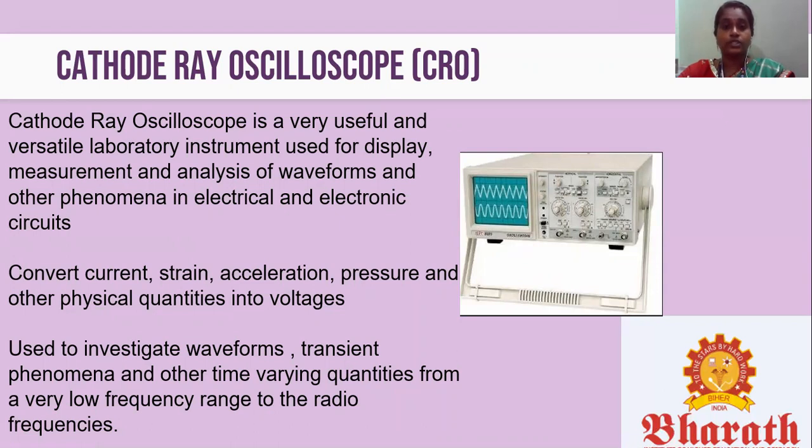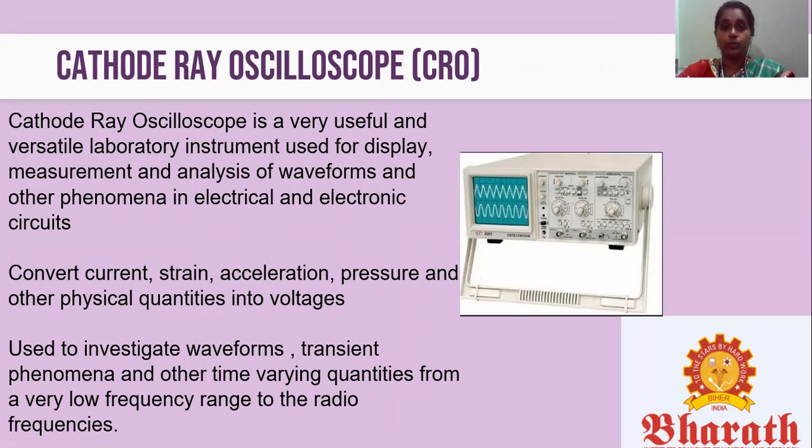However, it is possible to convert current, strain, acceleration, pressure, and other physical quantities into voltages with the help of transducers, and thus to present a visual representation of a wide variety of dynamic phenomena on CROs.